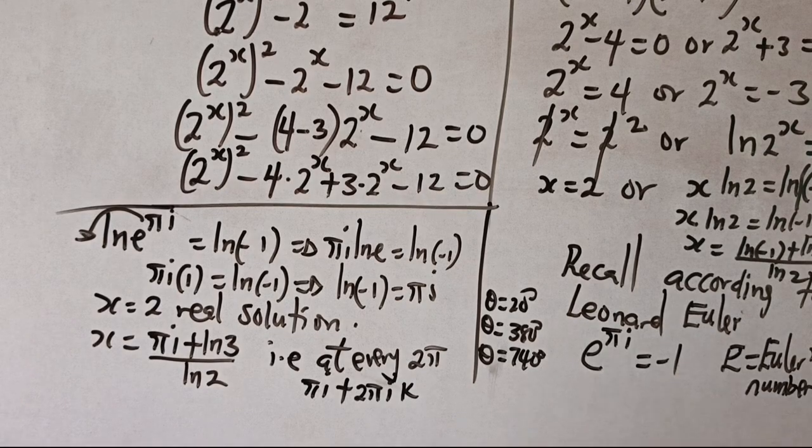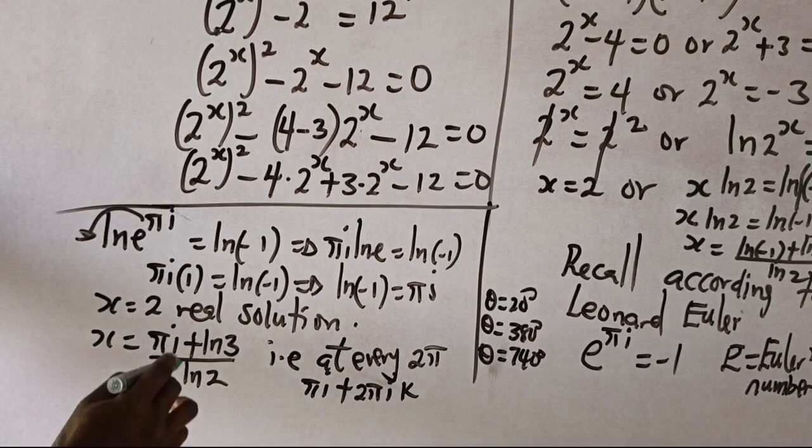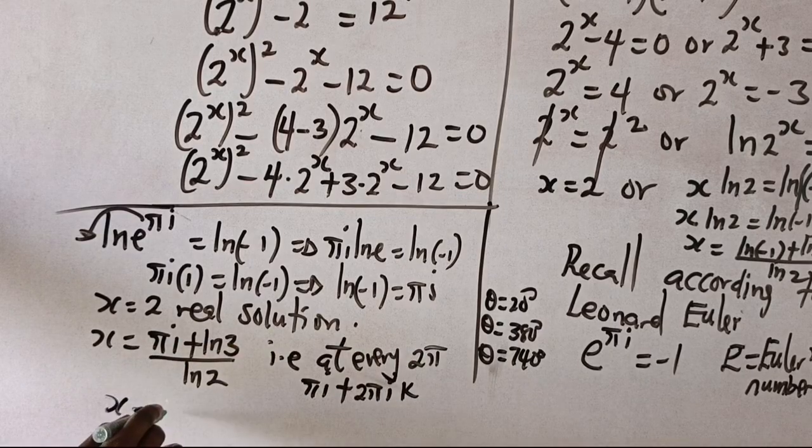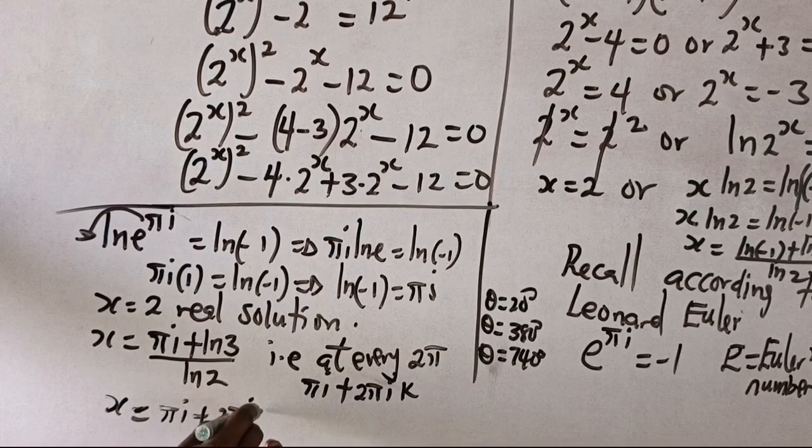Therefore, we have x equals, in place of pi i here, pi i plus 2 pi i multiplied by k, plus ln 3, divided by ln 2.